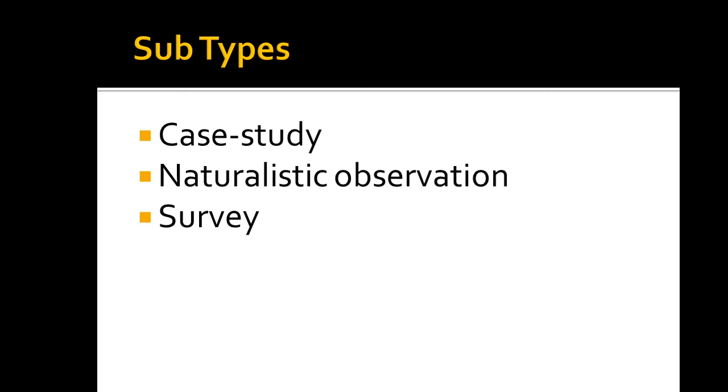You're describing only one organization, one group of people, one individual, or one product, one hospital, one disease, one type of patients. When you do this kind, it's called a case study design.